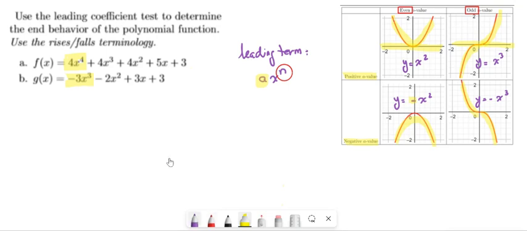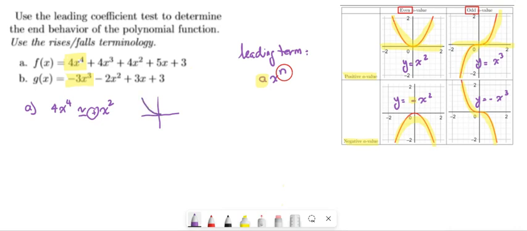All right, so now let's get to the solution of this. For a, the leading term is 4x to the fourth, and this is going to behave as x squared. Remember, this is positive here because 4 is positive. So x squared, we know how it behaves.